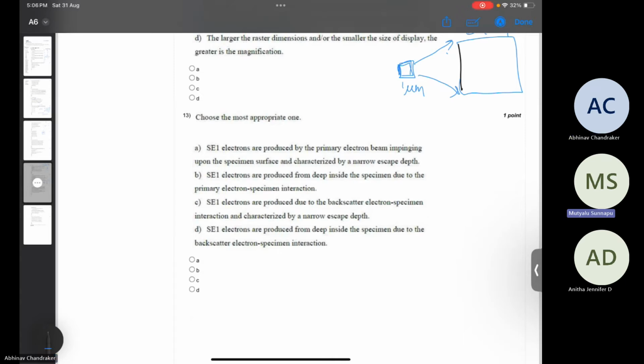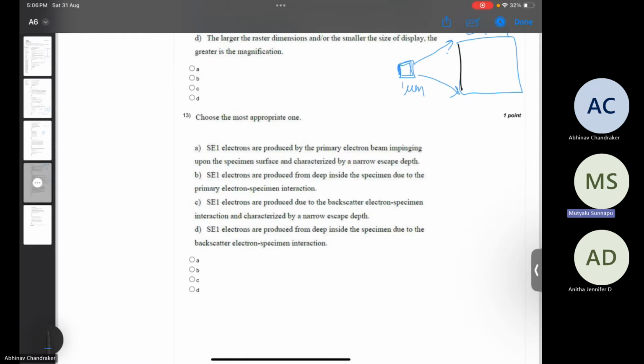Choose the most appropriate one. SE1 electrons are produced by the primary electron beam impacting upon the specimen surface, characterized by the narrow escape depth.